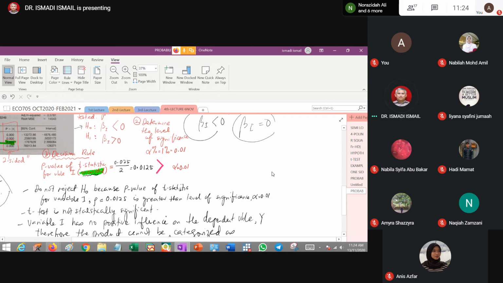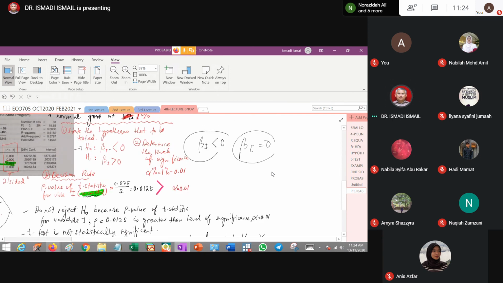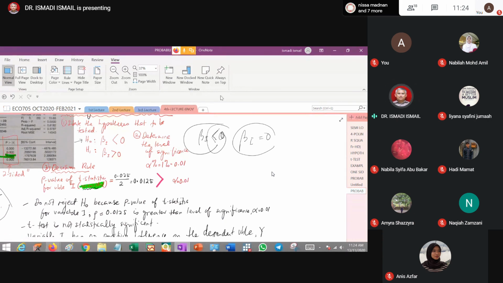But if you state your null hypothesis is less than 0, if you do not reject the null hypothesis, it means that it has an influence but negatively related. Do you get it?